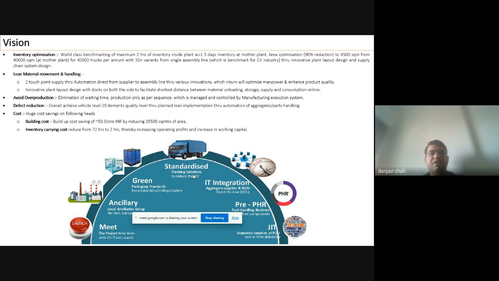As you can see in point number 1, we have targeted inventory optimization. Going in the past, there are multiple stages where the component is handled.